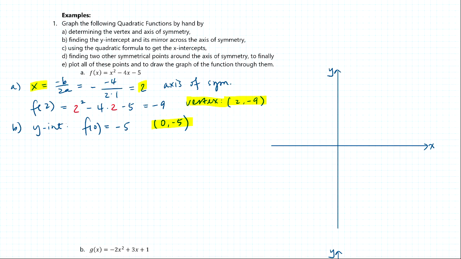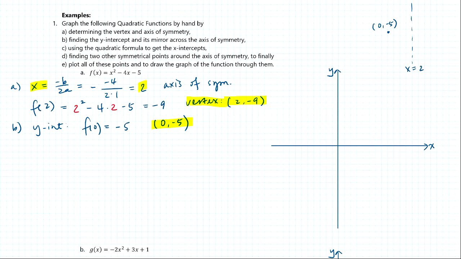And then we want to find the mirror image across the axis of symmetry. This is something that you can use a little bit of scratch work to figure out if it helps. Let's say the point (0, -5) is over here, and the axis of symmetry is x equals 2.